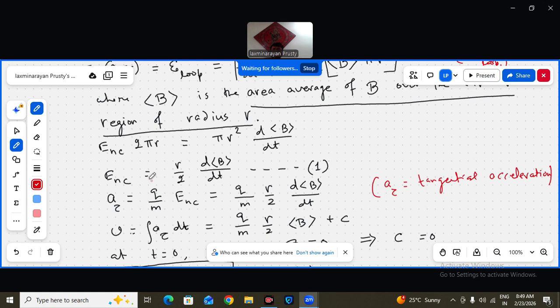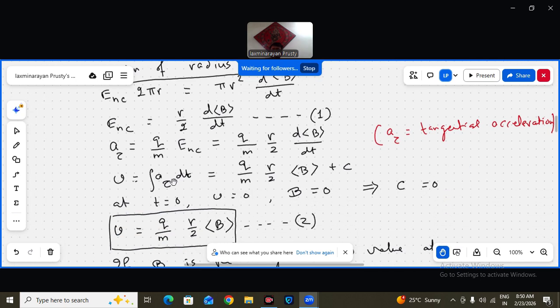So that is Q times E_NC, that is force, divided by mass m. So Q by m times r by 2 times dB average by dt. Okay. So v is equal to the integration of a_tau dt. The dt cancels, so that is Q by m times r by 2 times B average plus C.